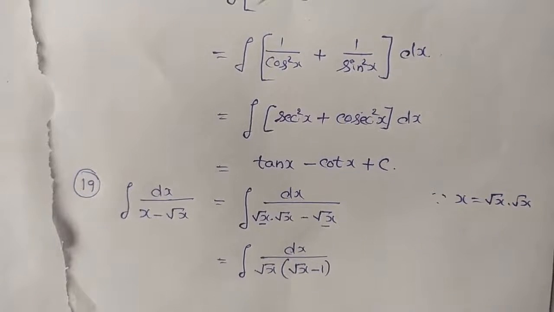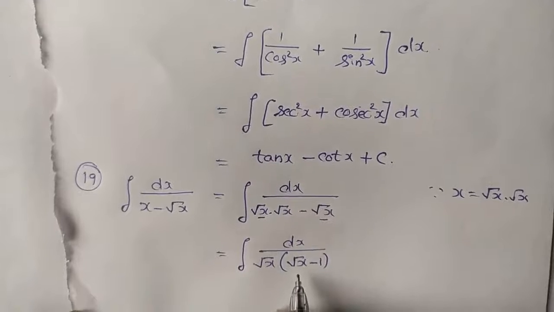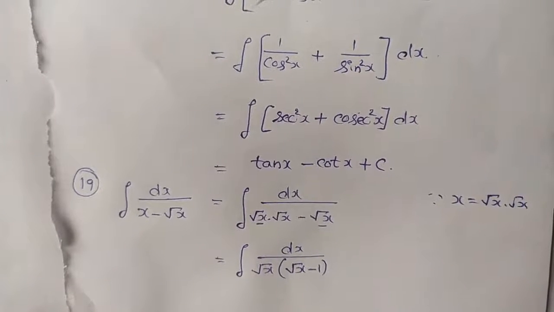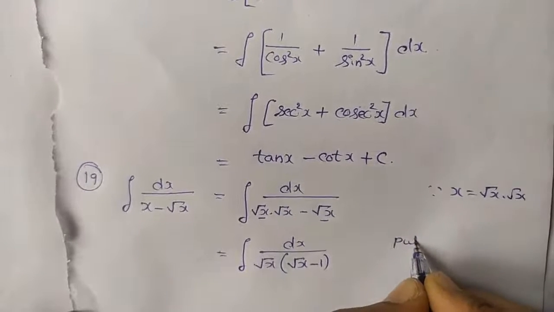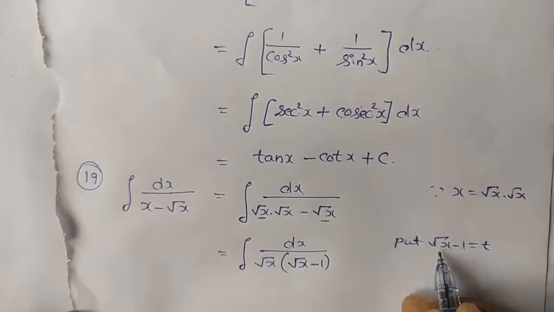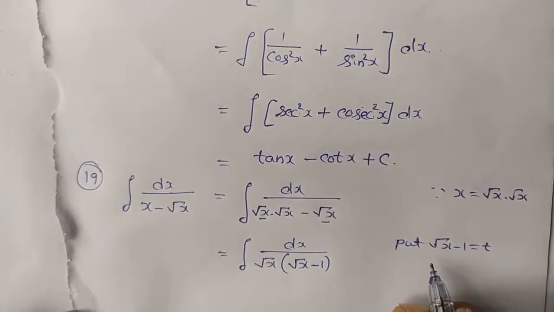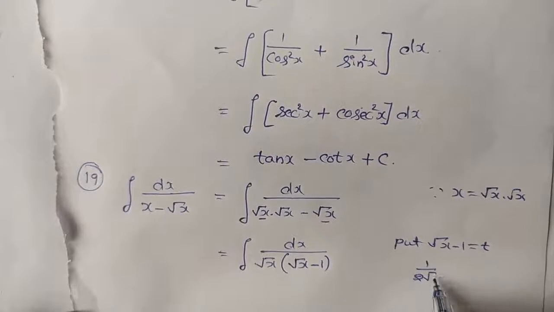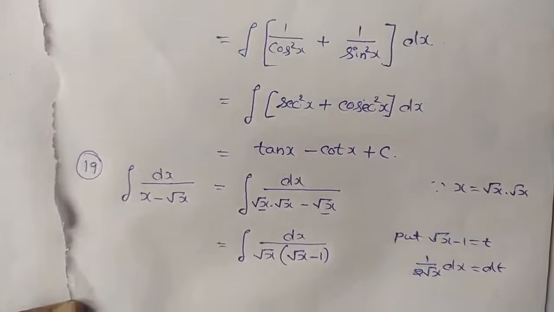Now take the substitution method: root x minus 1 equals t. If we take root x minus 1 equals t, then what do we get? If we differentiate root x minus 1 equals t, we will get 1 by 2 root x into dx equals dt.